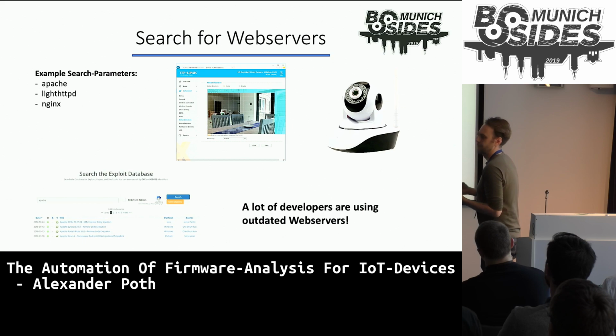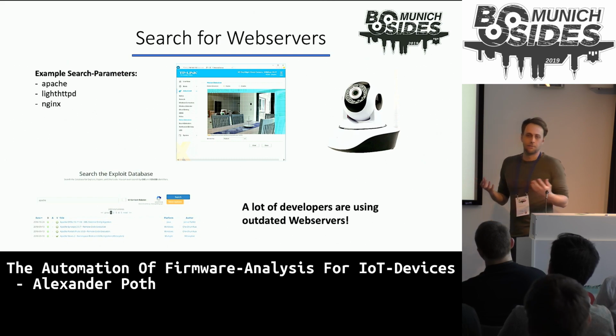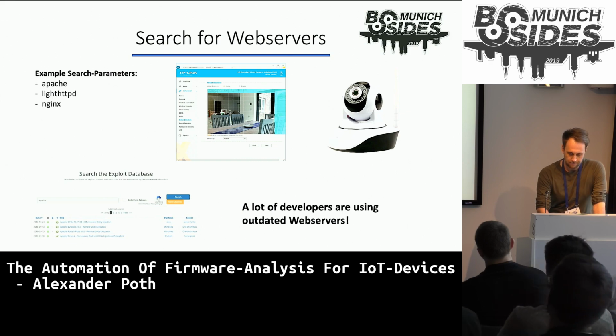And if we know the version, we can look online: are there any known vulnerabilities or maybe even exploits there? So it is also always very important to look for these web servers.